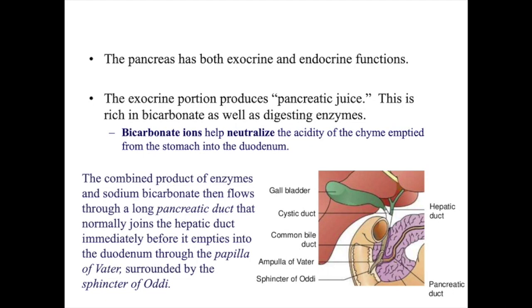And all together they will penetrate the duodenum in a structure that is sometimes called the ampulla of Vater or papilla of Vater. And it has a sphincter, which is called the sphincter of Oddi or sphincter of the ampulla.